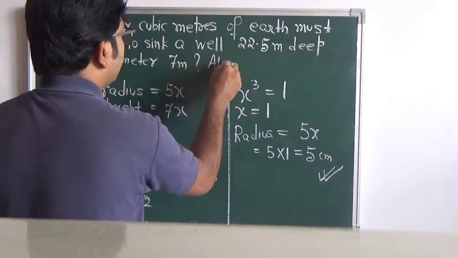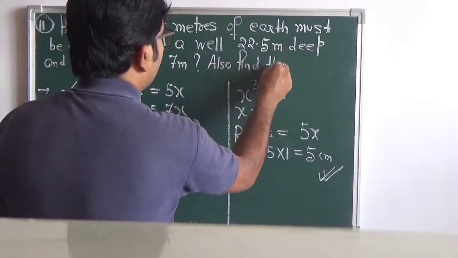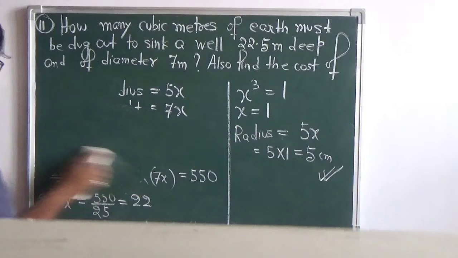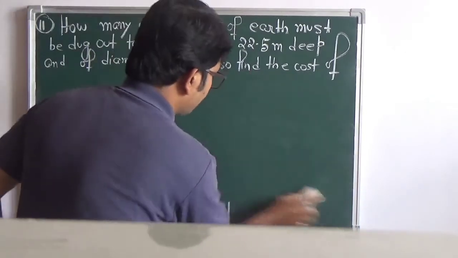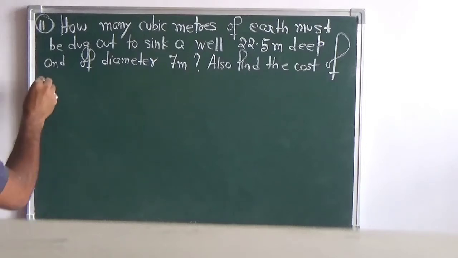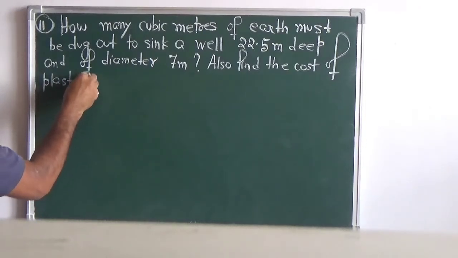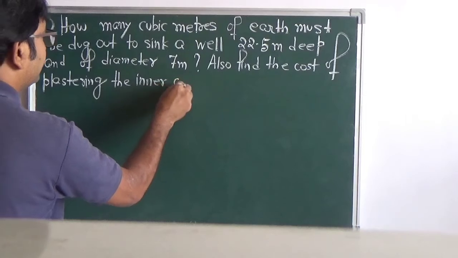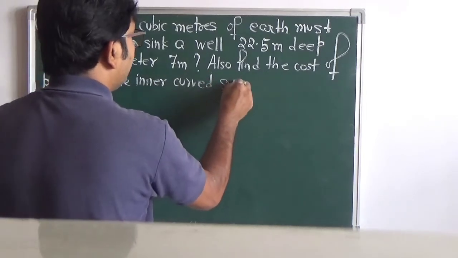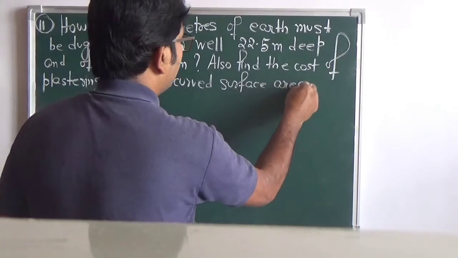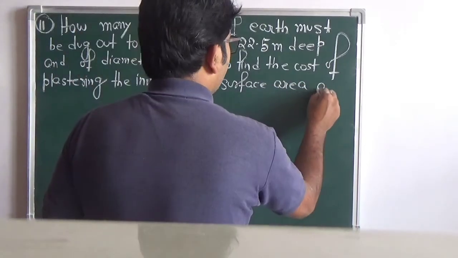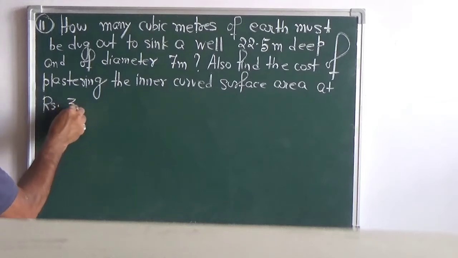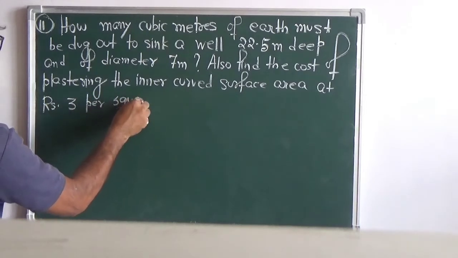Also find the cost of plastering the inner curved surface area, at rupees 3 per square meter.